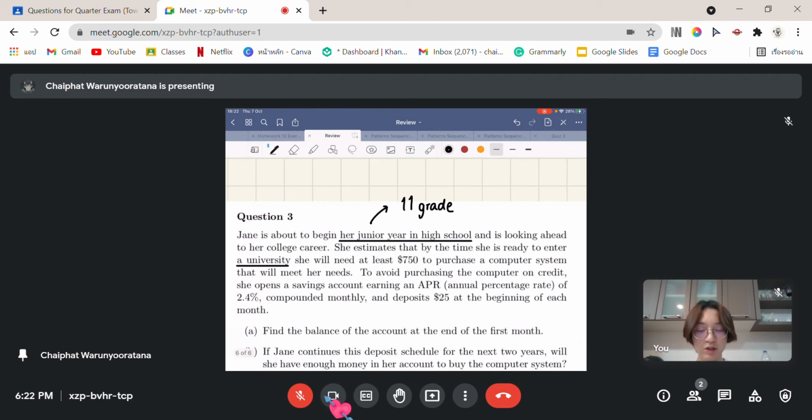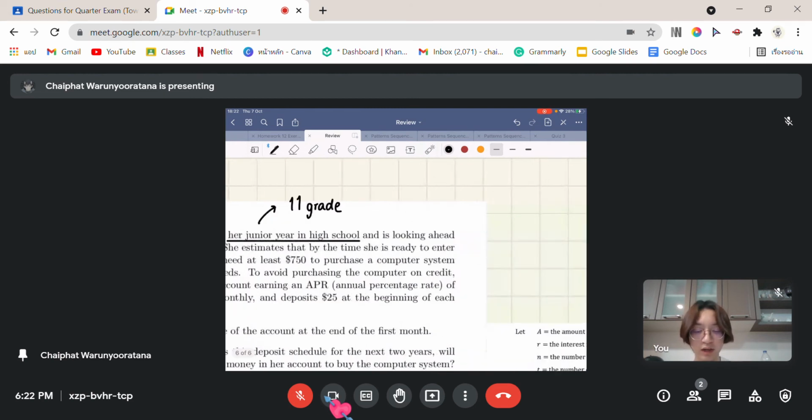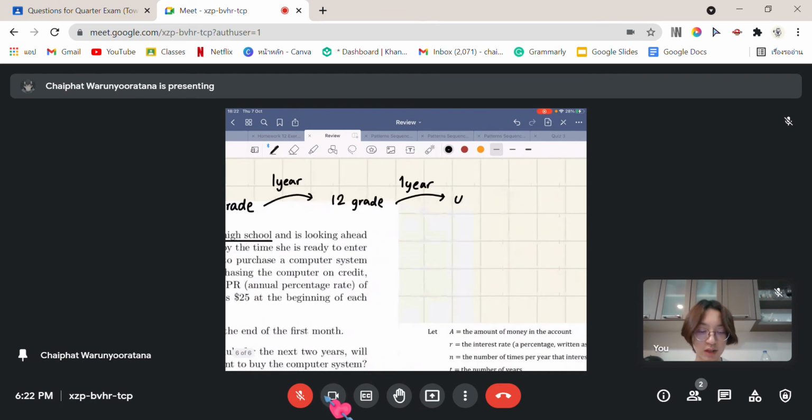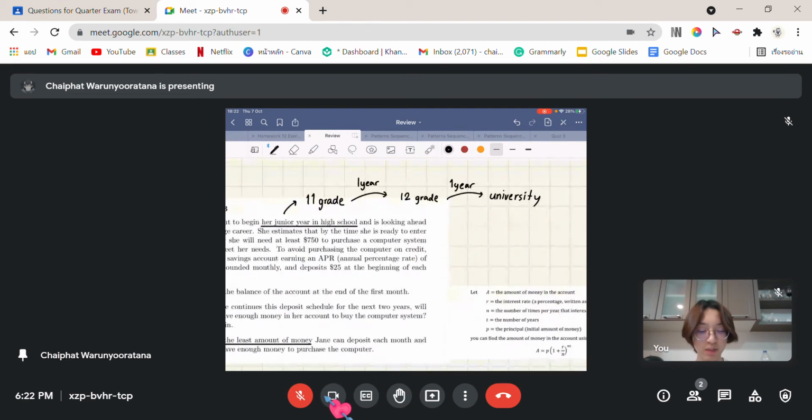Therefore, now she's at the beginning of the 11th grade. After 1 year, she will be in 12th grade. And after 1 more year, it will be the beginning for her to attend the university. Therefore, we know that she's going to need the money within 2 years.